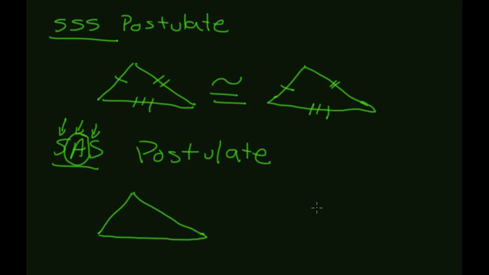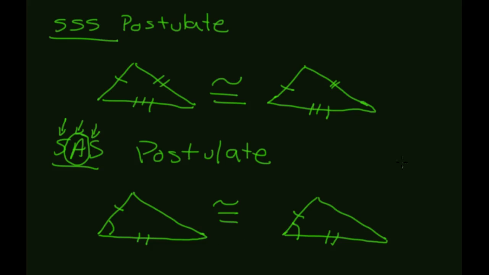This is important that you get this right, because you have to have two sides congruent in each triangle and the included angle. So the angle that has those two sides as the sides of the angle. If you have that, then you are guaranteed that these triangles are in fact congruent.